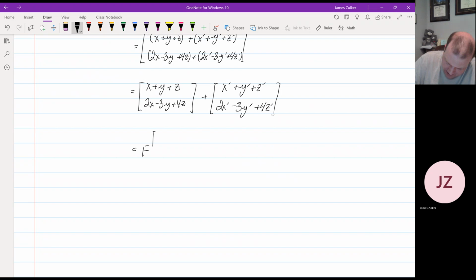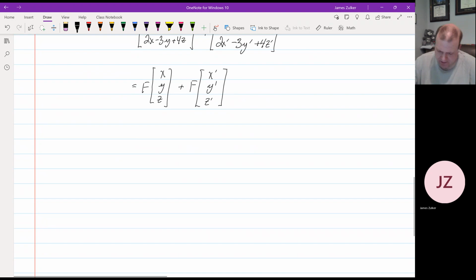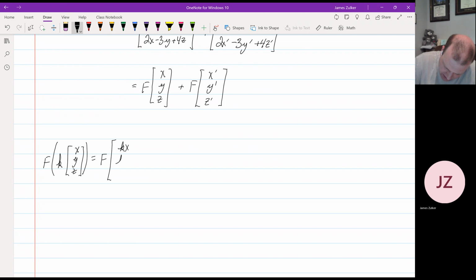That first vector, by definition, is the transformation of (x, y, z). And that second vector, by definition, is the transformation of (x prime, y prime, z prime). Okay, now we just need to look at the transformation of k times (x, y, z). By definition of scalar multiplication, this is the transformation of (kx, ky, kz).